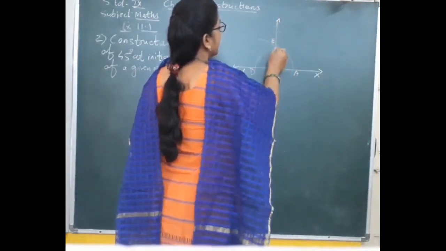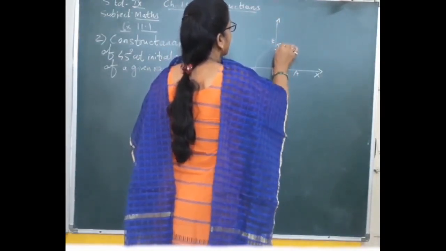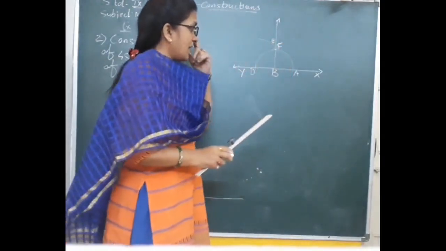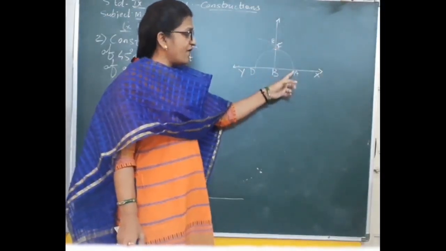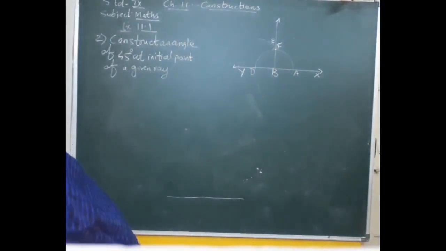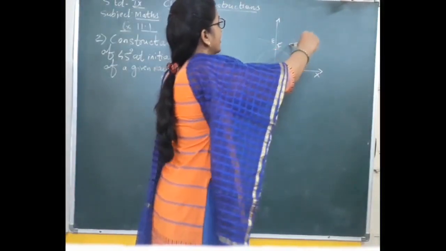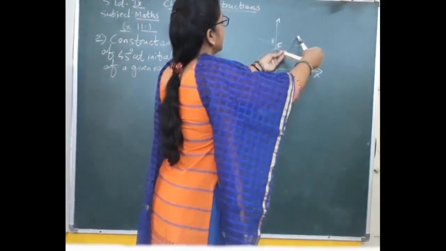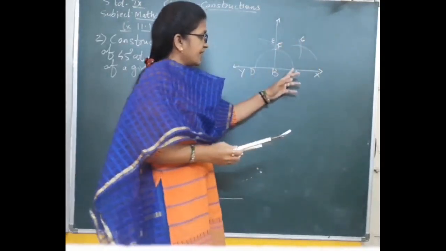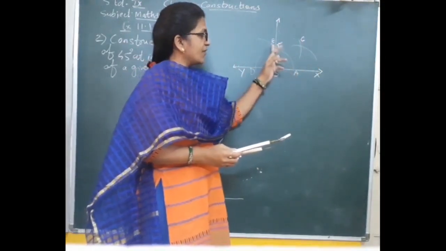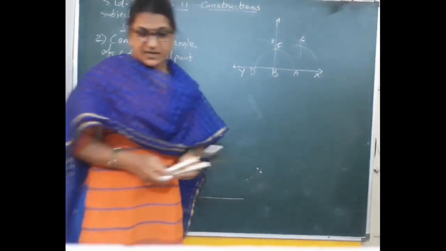Let this point be F. Now, taking points A and F as centers and radius more than half of AF, draw two arcs which intersect each other at point C. Draw BC.